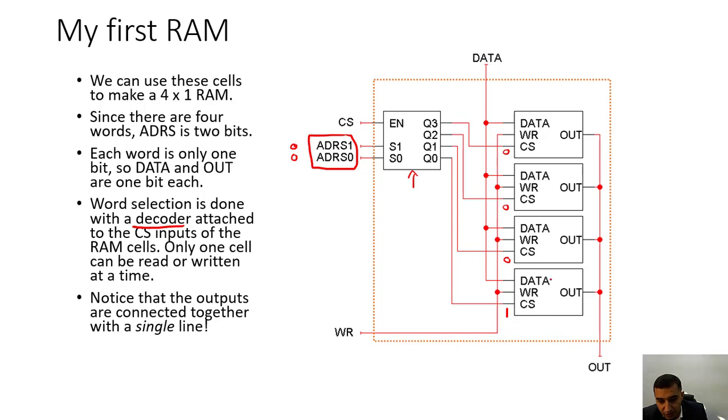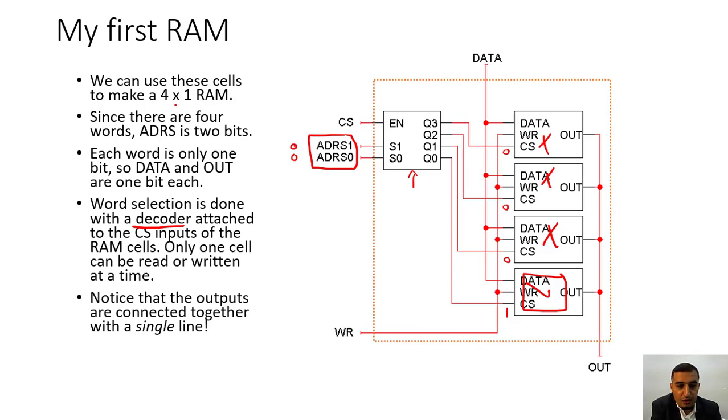So the chip select for this cell will be active, the rest will not be active. So whatever is on this cell will be either in the output if it's write, or will be on the input if it's read. So the decoder will control the whole process for us.